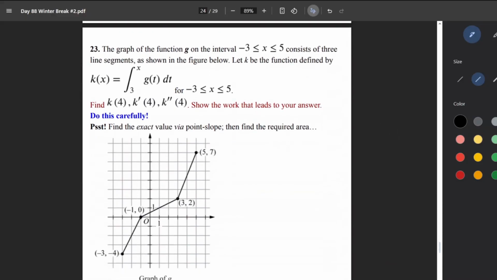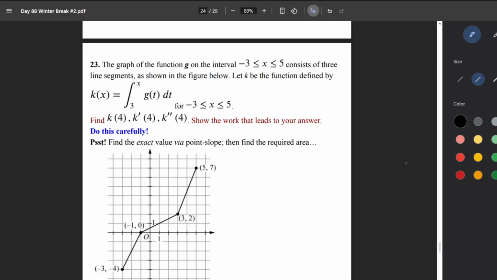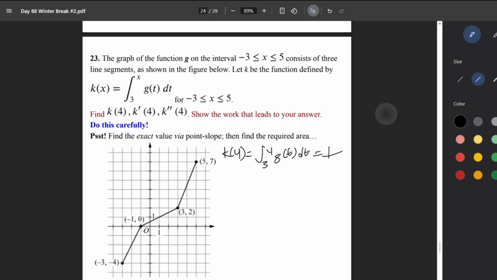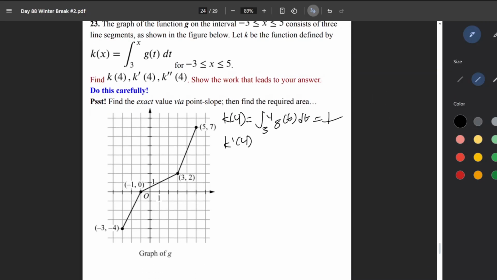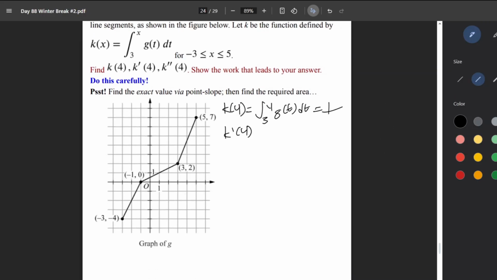Let's use logic. So k of 4 equals the integral from 3 to 4 of g of t dt, and this is plus. Then k dash of 4 is the value. So we would have to do the line equation there. The slope is 5 over 2. Let's use the point (3, 2).